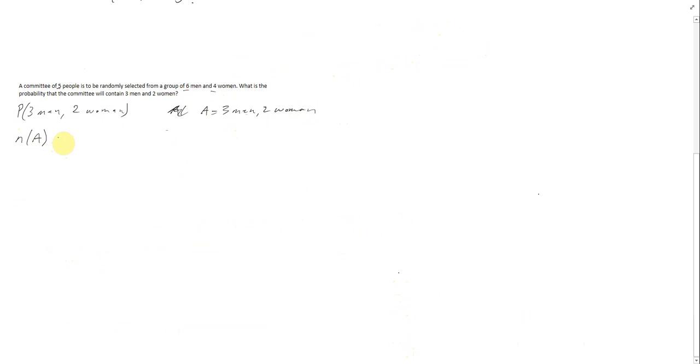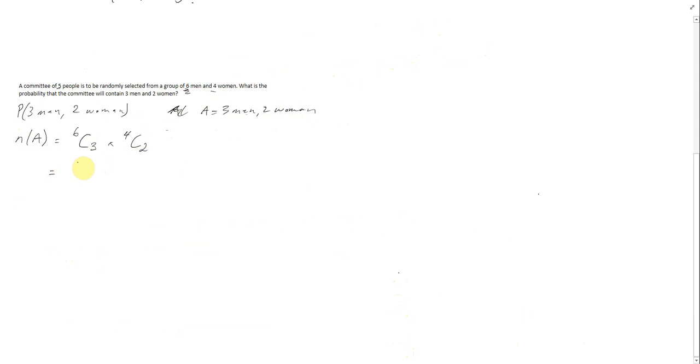Well, the number of ways we can get 3 men, if it doesn't matter which men, doesn't matter their order, so we're doing combinations here, and we need to choose 3 men. So our r is 3, and we have 6 men to choose from. So that's 6C3. And now we need to multiply by all the different ways of getting 2 women. So another combination, we're choosing 2 out of a group of 4.